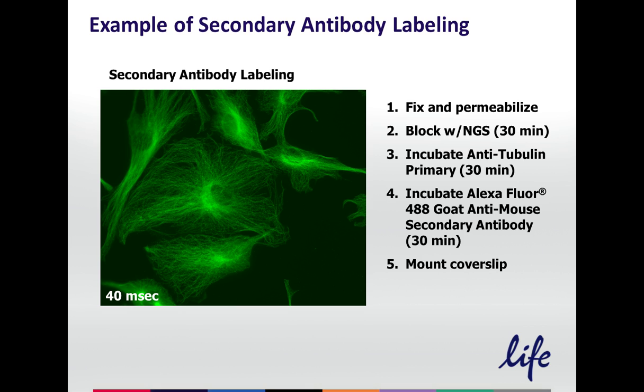On the right, you see a typical labeling protocol. So you have your fix and perm. You block, label with your primary, maybe 30 minutes, wash, and then label with your secondary antibody for 30 minutes, wash, and then cover slip. Again, tubulin is a highly expressing antigen, so it gives a very nice signal here.